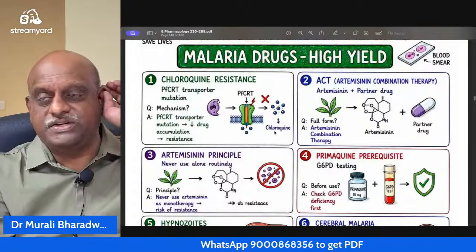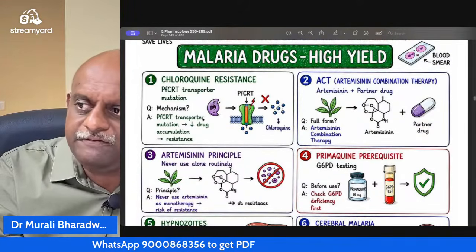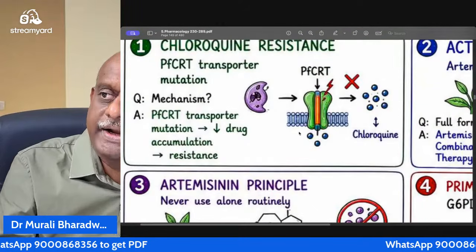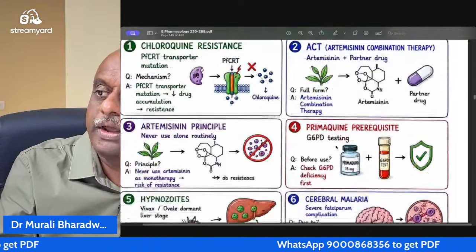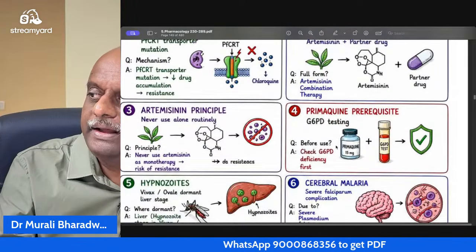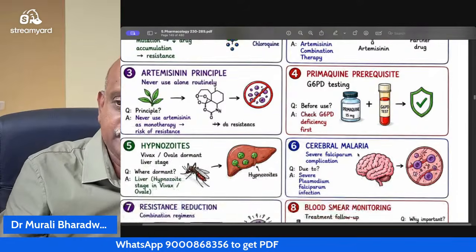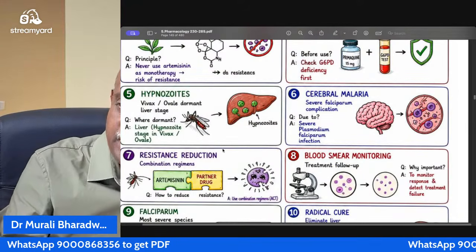Now, why is there resistance? It is the PfCRT transporter mutation which leads to chloroquine resistance. Then, before giving primaquine, test for G6PD. Vivax and ovale only have hypnozoites.